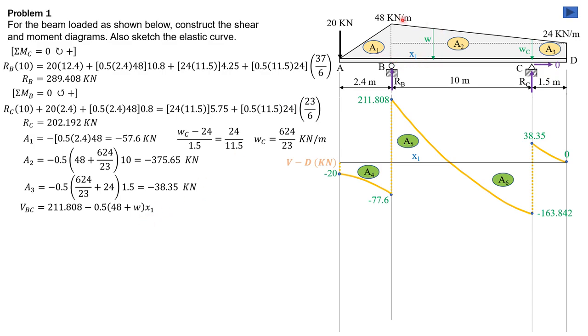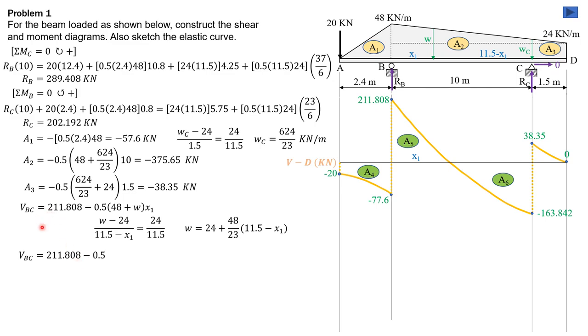So by similar triangles again, from this triangle here, this height of the triangle is W minus 24. W minus 24 is to 11.5 minus x1 as 24 is to 11.5. So W is equal to 24 plus 48 over 23 times 11.5 minus x sub 1.